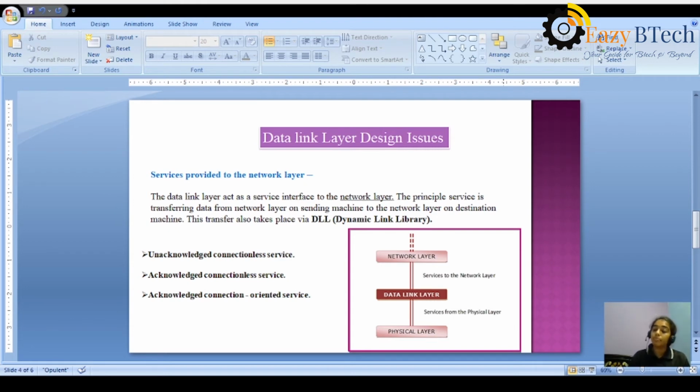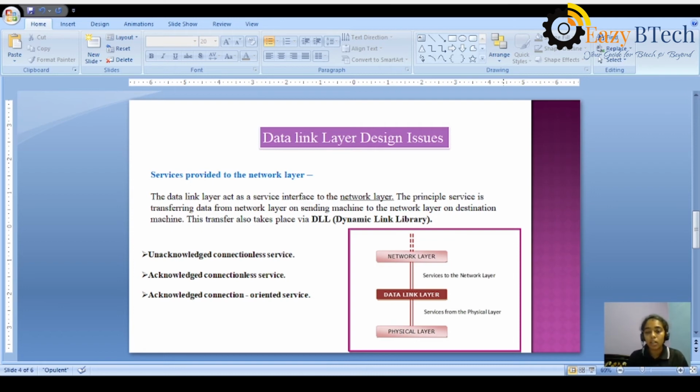Acknowledgement means it is one feedback, or one piece of information, given to the sender. Acknowledge means if the data is sent from source to destination and transmitted successfully, the data link layer will give an acknowledgement to the network layer that the data is transmitted successfully. So here the acknowledgement is in the form of ones and zeros.